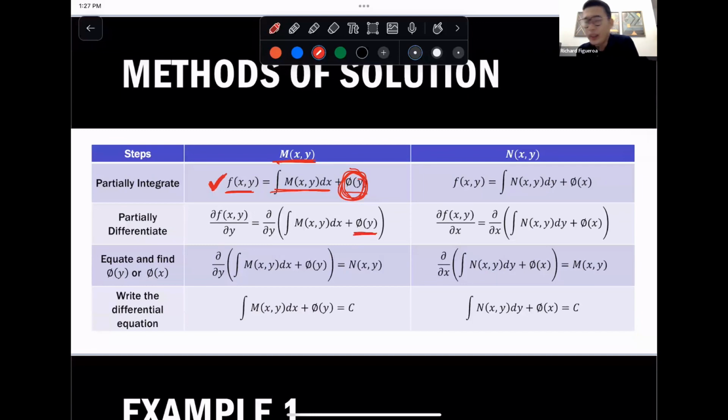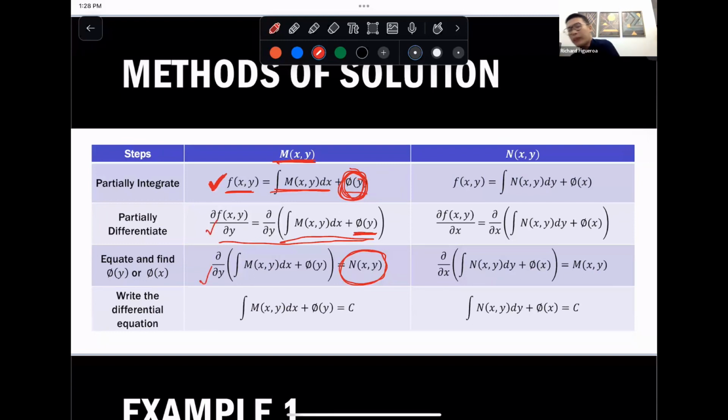And once you are done, your answer at the second step, we're going to equate it to n of xy. Kasi we are working with m function, and after partially integrating, we partially derive it. After that, we equate it to the other function, which is n of x and y. So that's the third step.